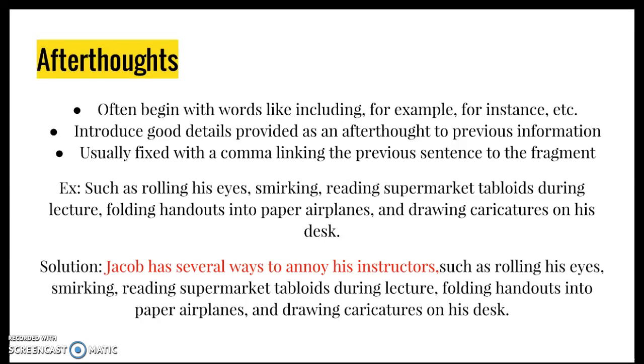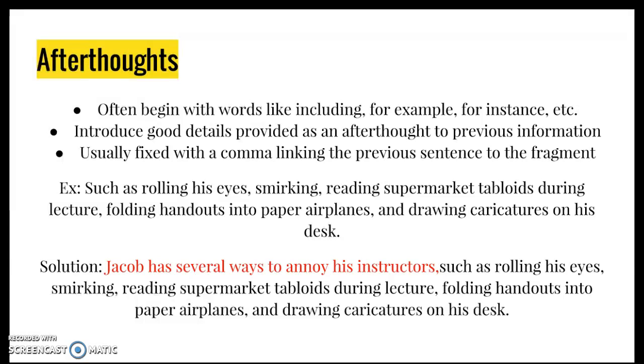Afterthoughts often begin with words like including, for example, for instance. They introduce good details provided as an afterthought to previous information and are usually fixed with a comma linking the previous sentence to the fragment. Our example is, "such as rolling his eyes, smirking, reading supermarket tabloids during lecture, folding handouts into paper airplanes, and drawing caricatures on his desk."